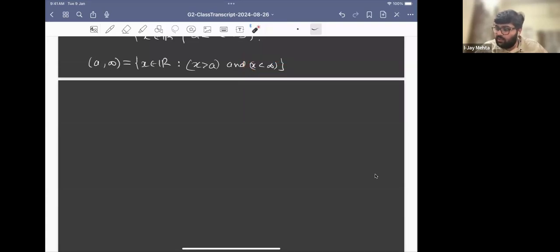This means all those numbers which are greater than A. It's just this set, so we don't write that. We just write X in R such that X is greater than A.